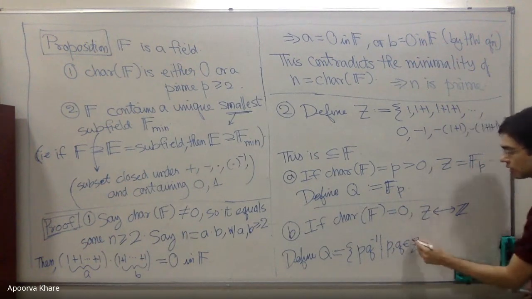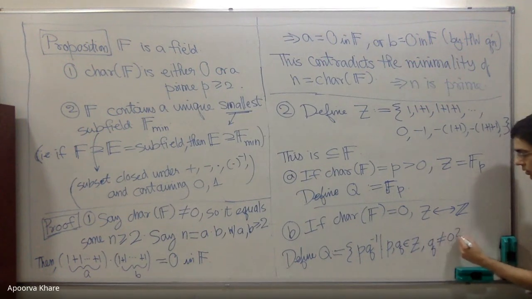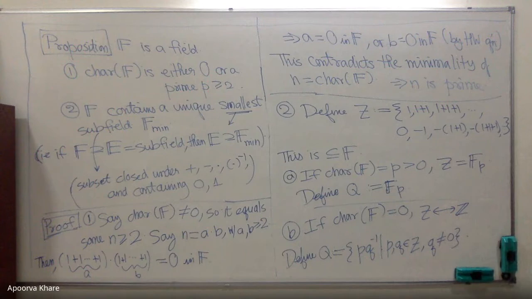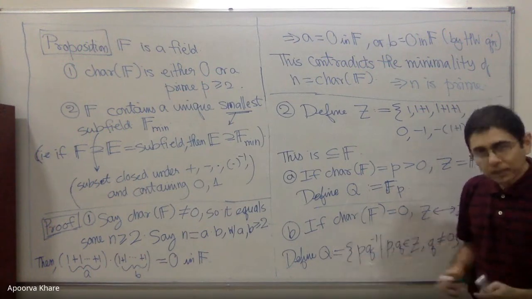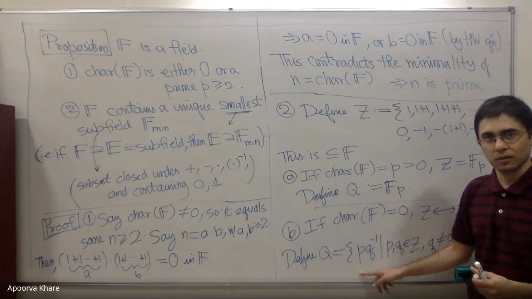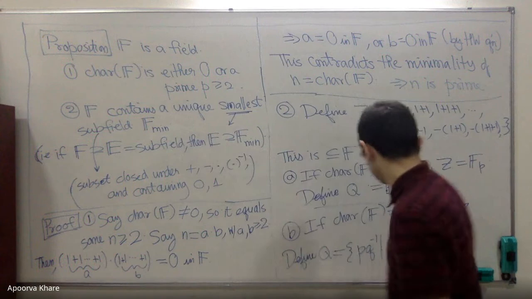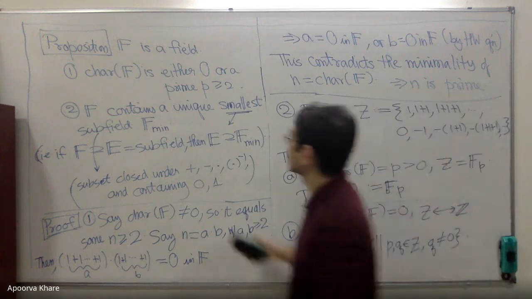Now, this is not the fancy integer set, and q obviously is not 0. Define this to be my Q. The claim in both cases is that Q is a field. And the claim is Q is exactly this smallest subfield. That is what we are going to prove.